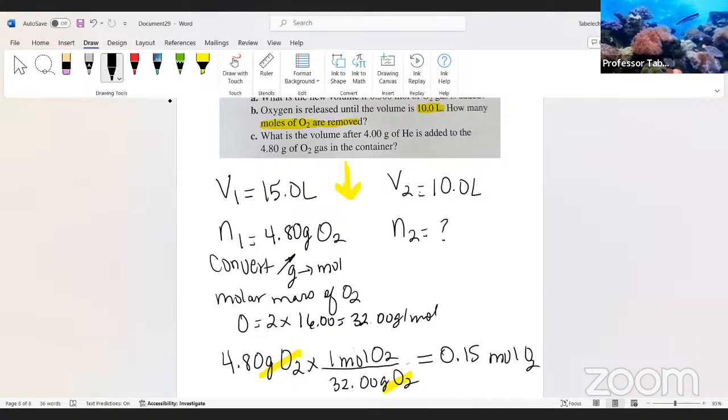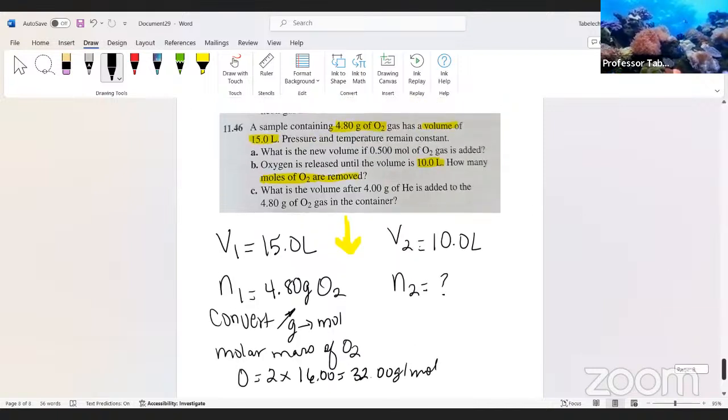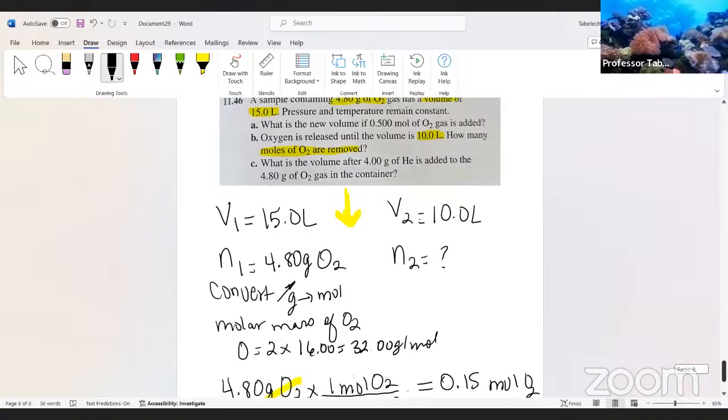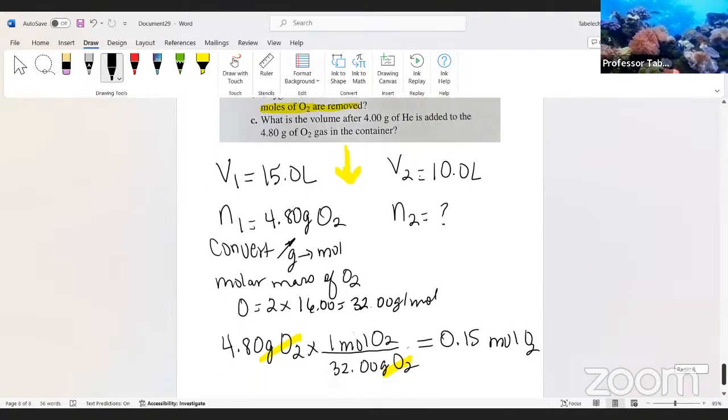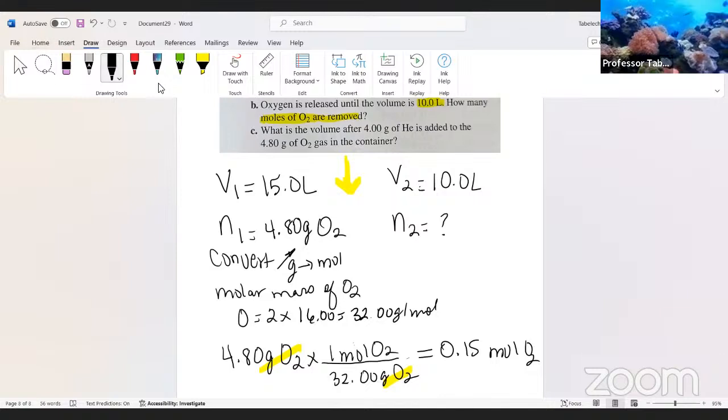Just so you don't get confused in the problem, right here where you see 4.80 grams, you're going to replace that number with these moles here. That's your N1, the 0.15 moles. That's your N1.